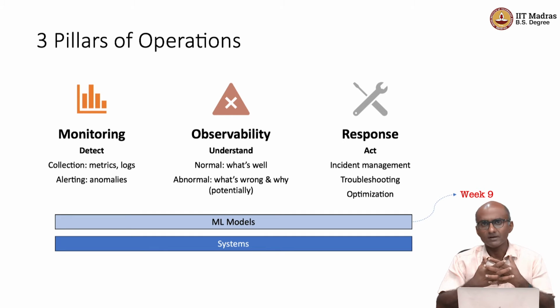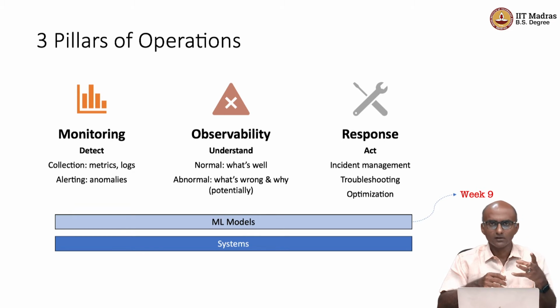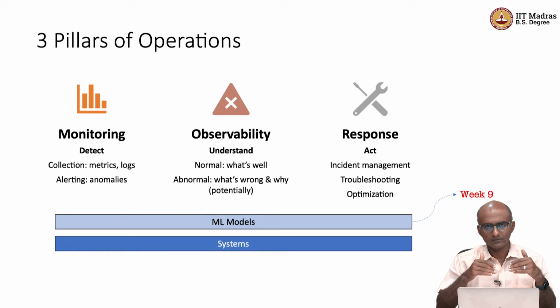The third angle is optimization, where you focus on what needs to happen for the model to scale gracefully to the extent of volume and velocity that's been provided to it. So that's optimization. The three pillars actually apply at two different layers that are of interest to us in this course. One is at the layer of the machine learning models themselves, and the second is the underlying system on which the models run.